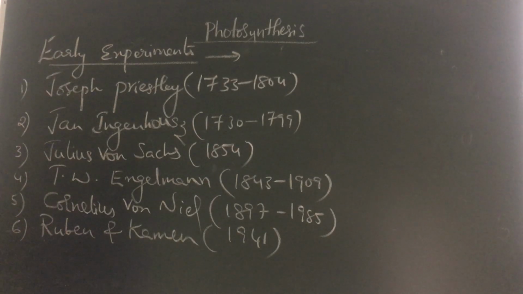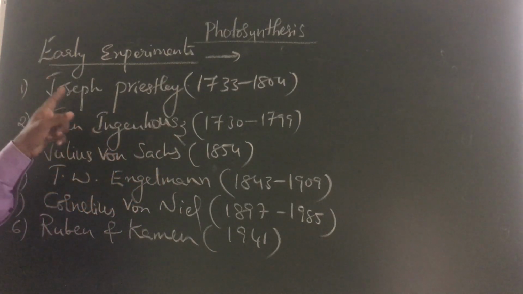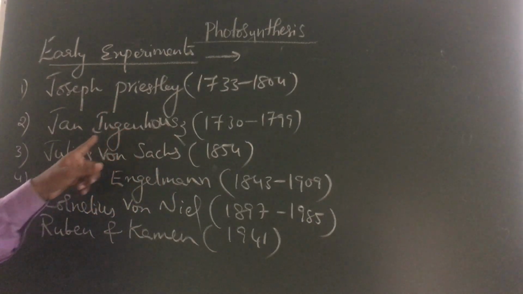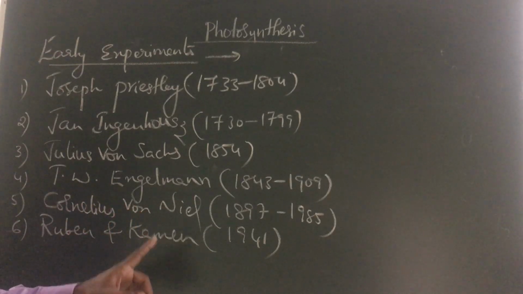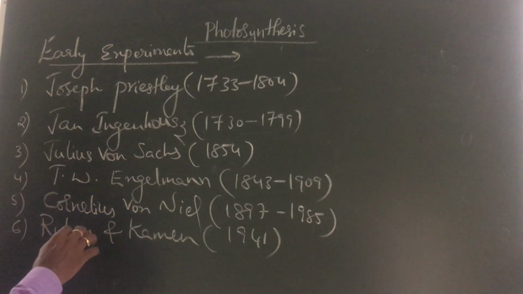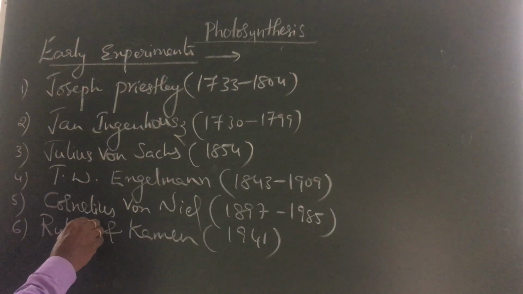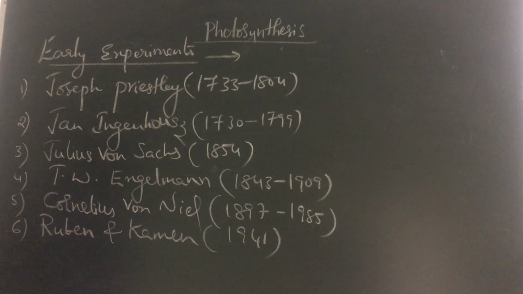So all these are the different scientists who worked on photosynthesis, who proposed their own ideas and experiments for photosynthesis. So Joseph Priestley, Jan Ingenhousz, Julius von Sachs, Engelmann, Cornelius van Niel, Rubin and Kamen. So these are the different scientists.